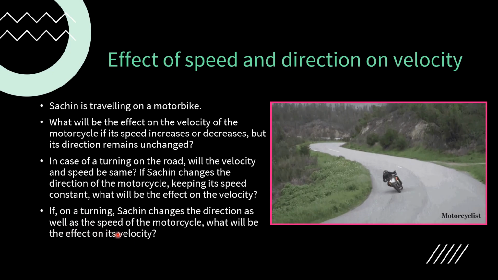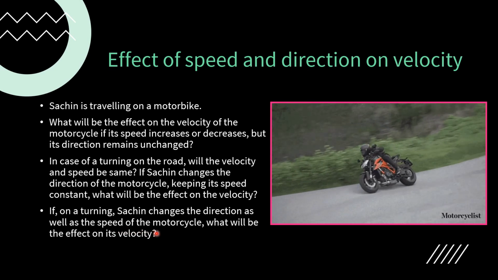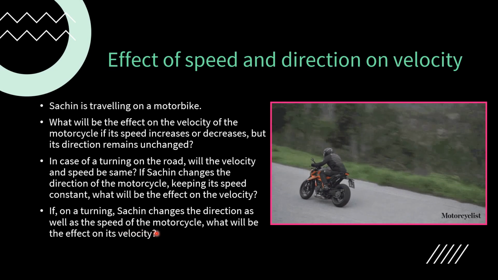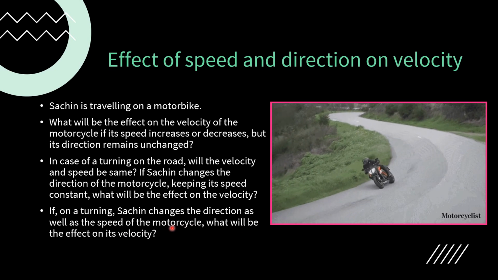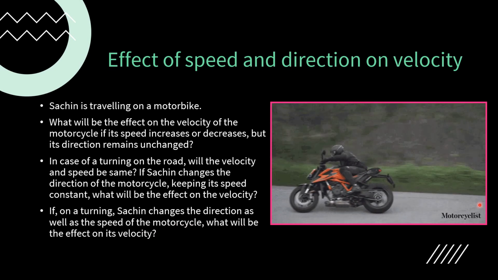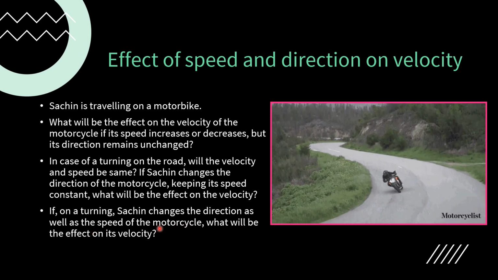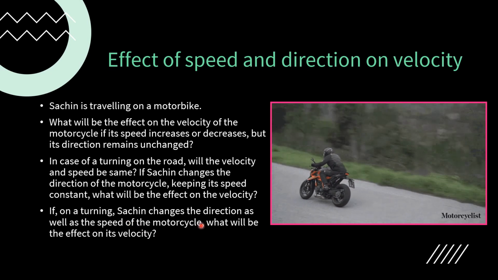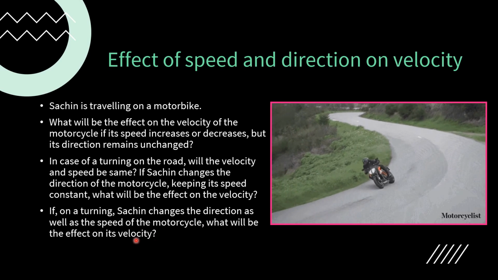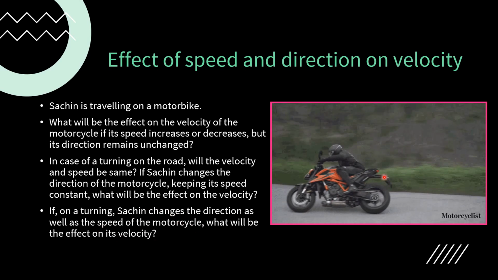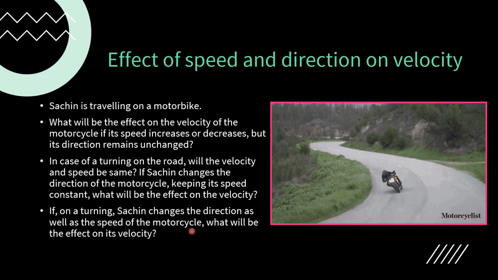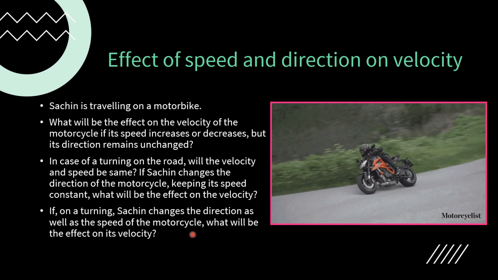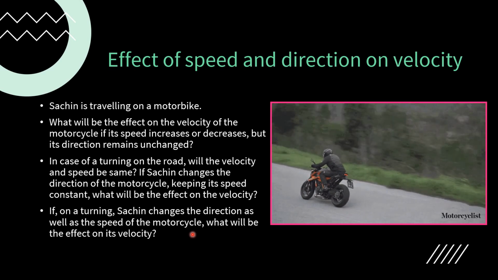Here children, changing the speed doesn't mean increasing the speed, it may be decreasing the speed also. If there is a very narrow turning, obviously the traveler has to decrease the speed as well as change direction. So what will happen? Definitely we will see a change in velocity if the motorcycle is turning with change in speed.